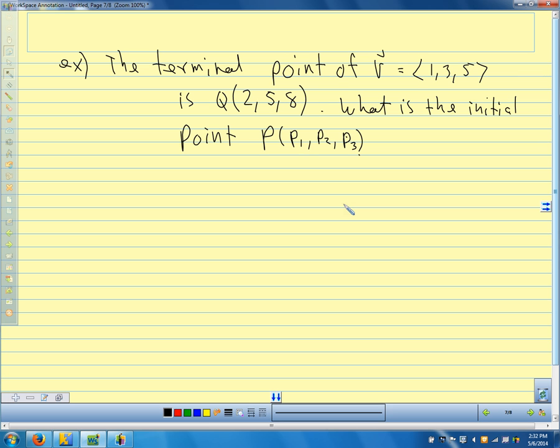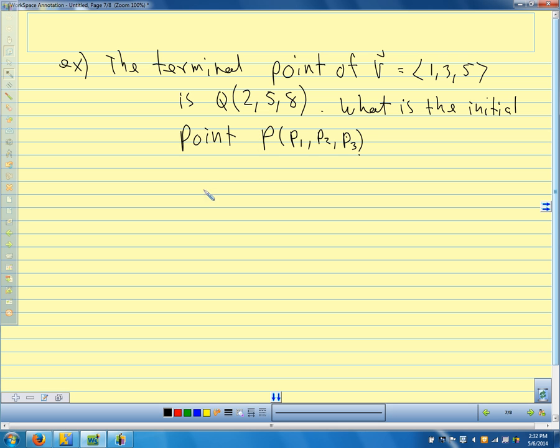So what do we do to find the component form of the vector between 2 points? Subtract the points, and then that has to equal our vector. So to find the component form of our vector, we do the terminal point minus the initial point, the components of the terminal point minus the components of the initial point.